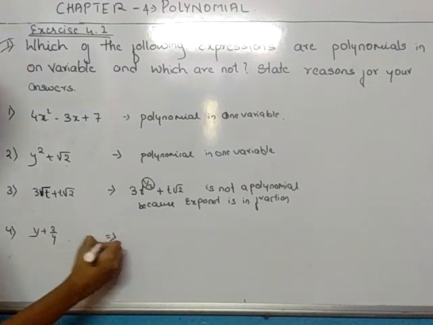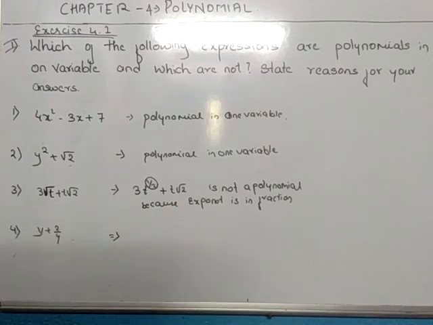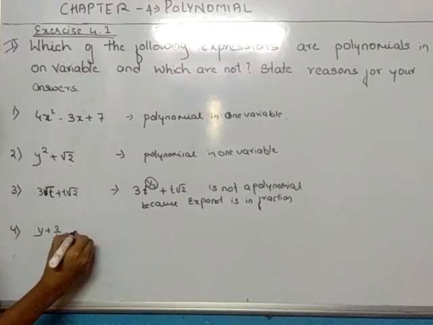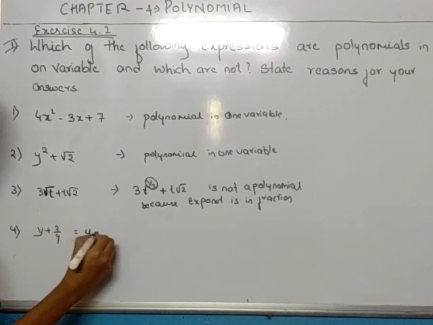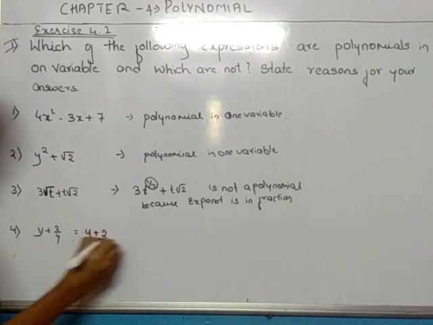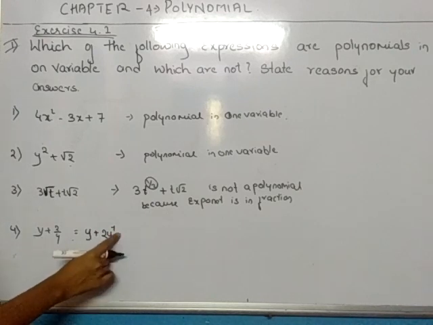Similarly this. Fourth one. Here I am going to rewrite this given equation y plus. In the laws of indices you have learnt that I will bring the denominator part to the numerator part, and it will be in minus, isn't it? y raised to minus 1.